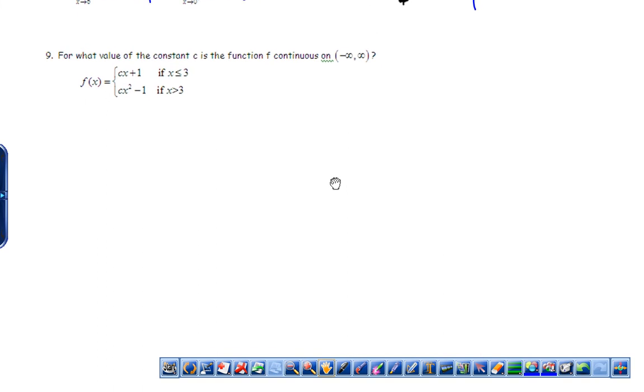Okay, and this last one says, for what values of the constant c is a function f continuous on negative infinity to infinity? In order for this to be a function, I need it to be defined. We need it to exist.